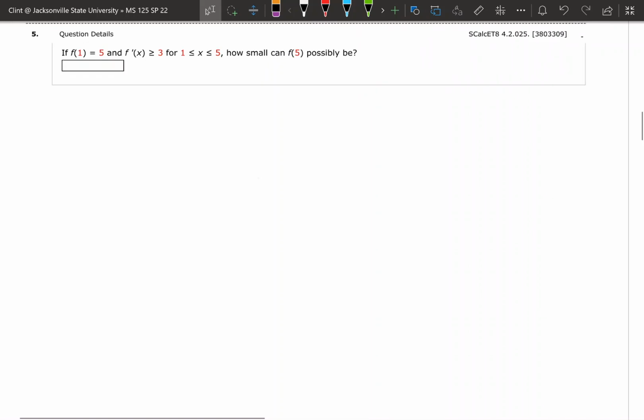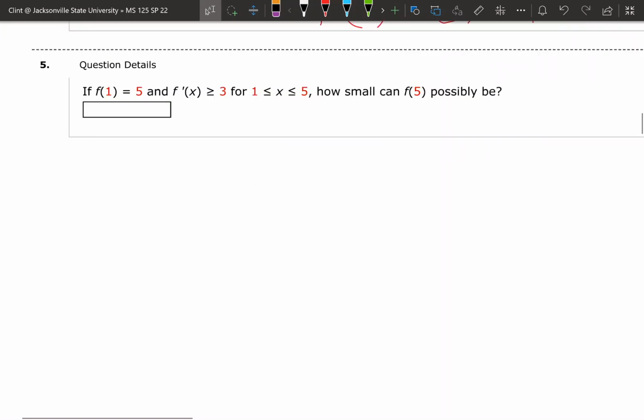Number 5. Okay. These are good problems. It says if f of 1 equals 5, and f prime is greater than or equal to 3 for all x's in between 1 and 5, how small can f of 5 possibly be?